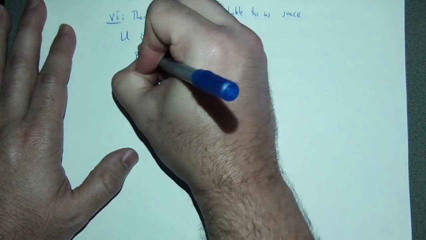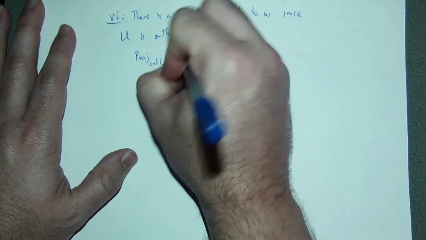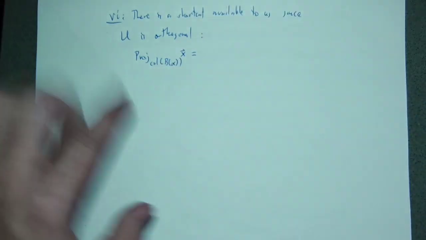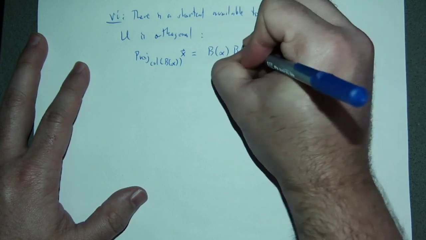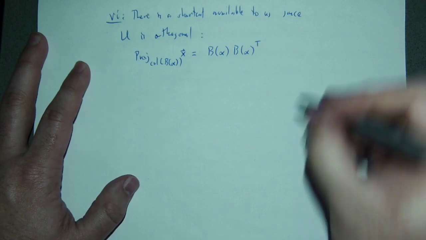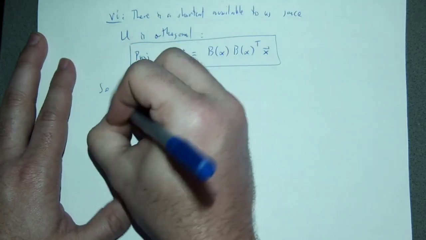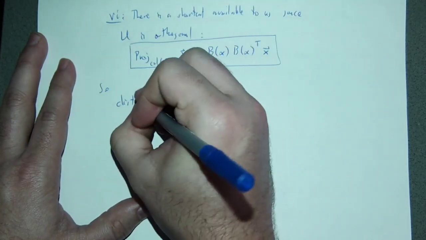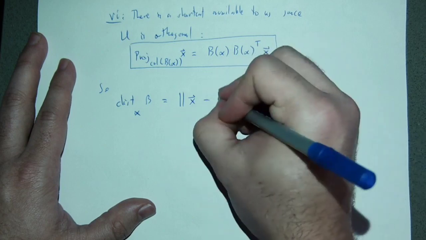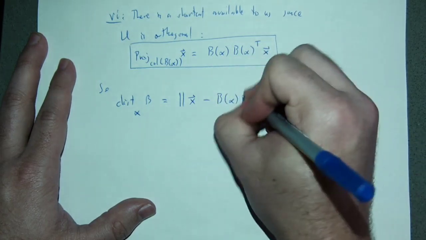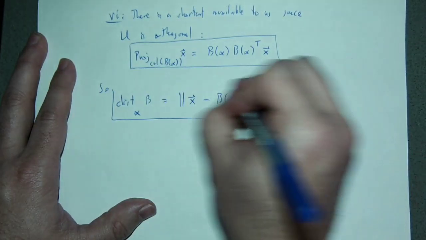Namely, you can see that the projection of X onto the column space of this character matrix can be computed in a nice way, which is character matrix times character matrix transpose times X. So the distance from our unknown character beta to alpha is the distance between X and this expression involving the character basis matrix. And that's what you need to know.